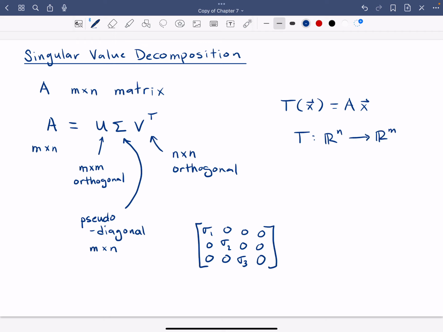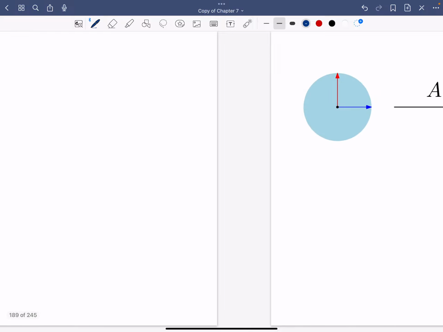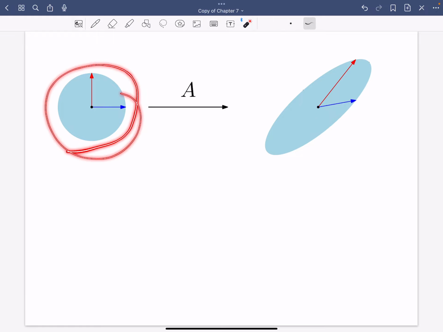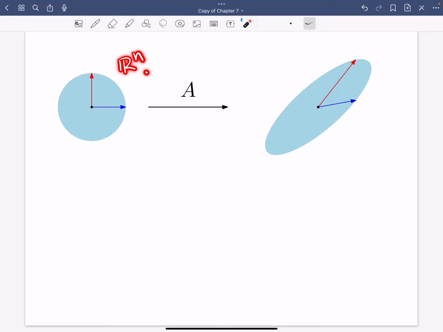Here's a little picture: think of this as being Rn. We can think of the matrix as taking the vectors in Rn, and maybe it stretches some of them, maybe it rotates some of them. It can do a whole lot of things to the vectors in Rn.